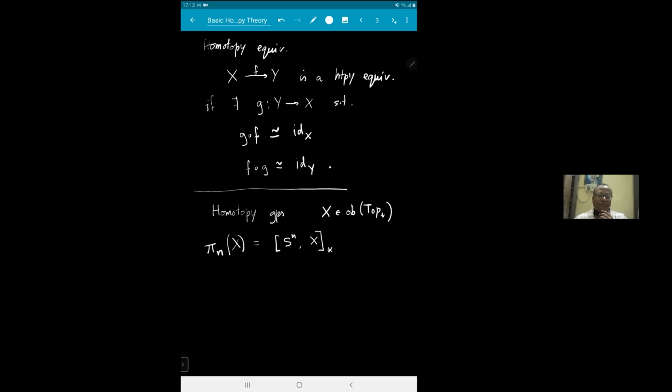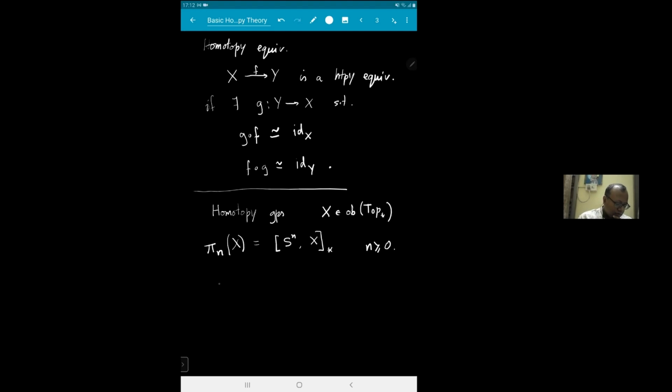S^n for me always refers to the one point compactification of R^n, and the base point is the point at infinity. It's always fixed as a particular based space. That way there is no confusion. So this is the definition of homotopy group. So n is greater than or equal to 0, you see.